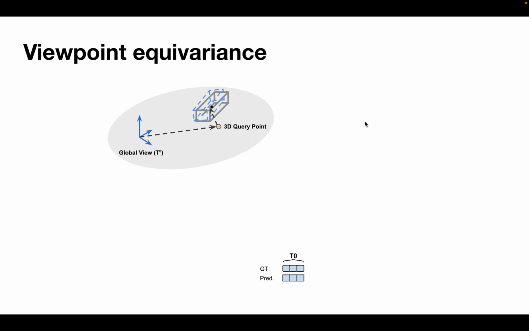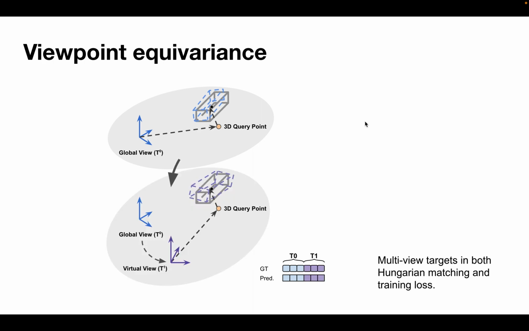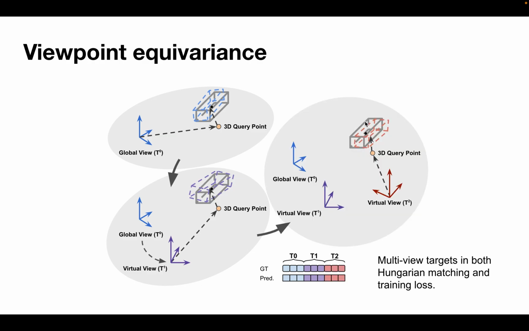To see what this means, in addition to the single coordinate frame that people would normally use, typically a global frame attached to a LiDAR mounted on a car, for example, we would also decode boxes from a few other virtual frames. For example, 2 in this case, such that the boxes predicted in these 3 frames should be geometrically consistent, such that their coordinates only differ by the relative transformation between the viewpoints.